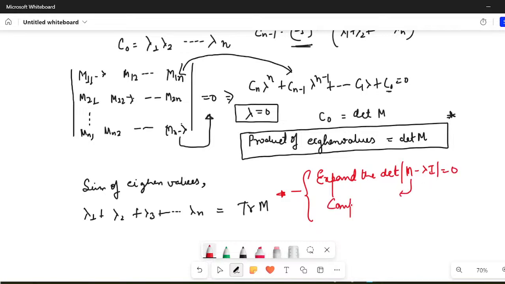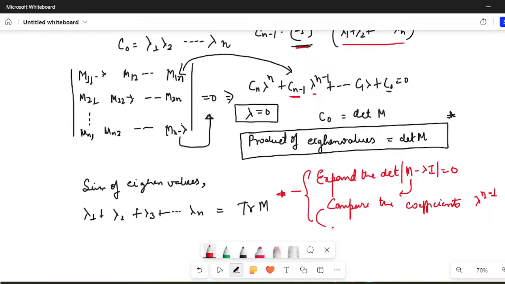Compare the coefficients. Compare the coefficients of lambda raised to power n minus 1 on both sides. And I know here the lambda raised to power n minus 1 coefficient is simply Cn minus 1. And I taught you that Cn minus 1 can be related to the sum of the eigenvalues.